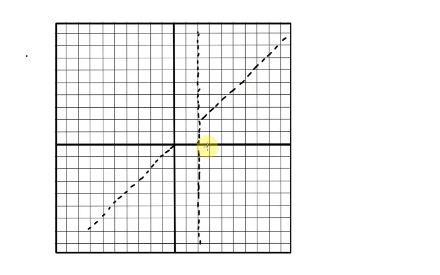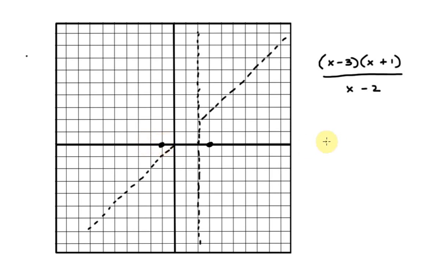Okay, in the original function, in the factored form, I had this as well. And what that tells me is that I have some easy to spot points called the zeros, or the x-intercepts, at 3, so 1, 2, 3, and at negative 1.